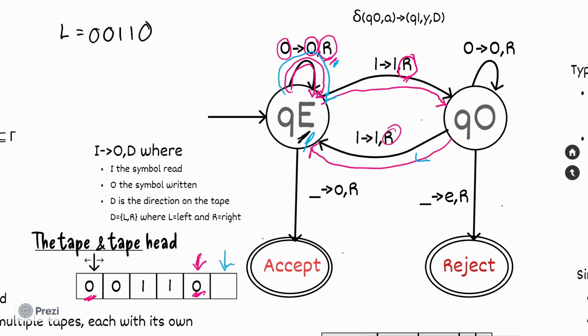Now on seeing a blank cell, that's an input represented by the blank symbol, we shall take this transition to the accept state. That means the string is accepted.